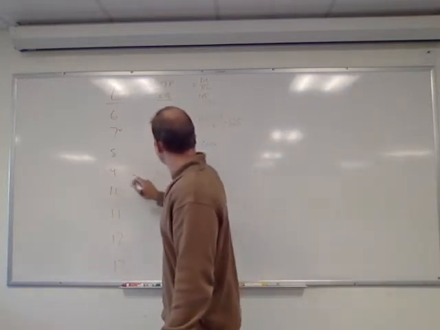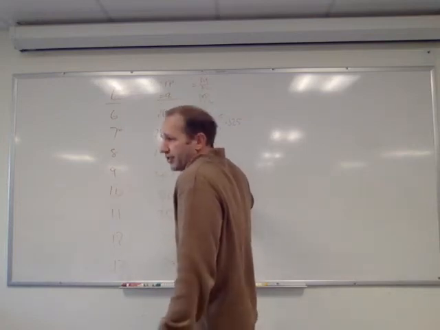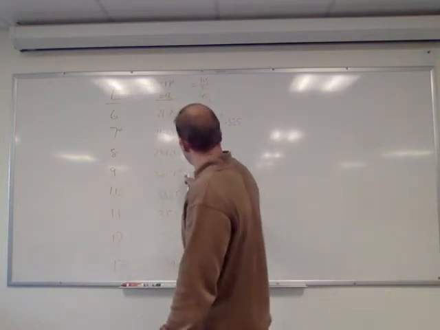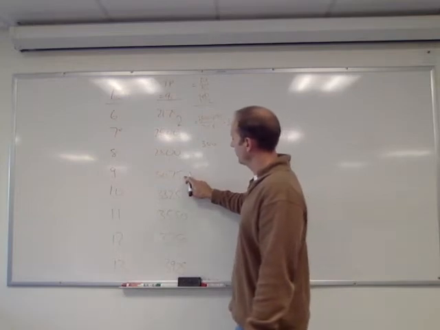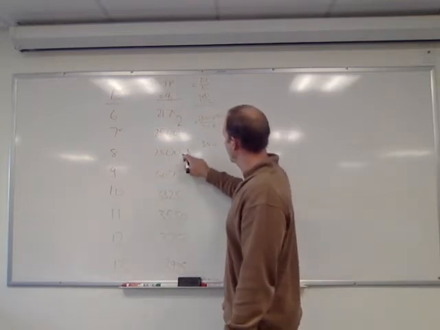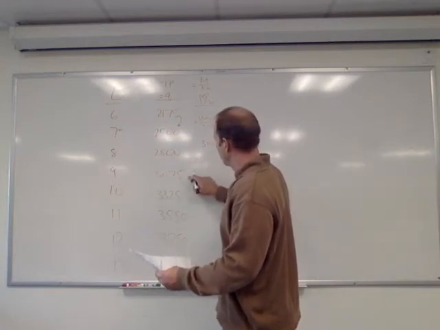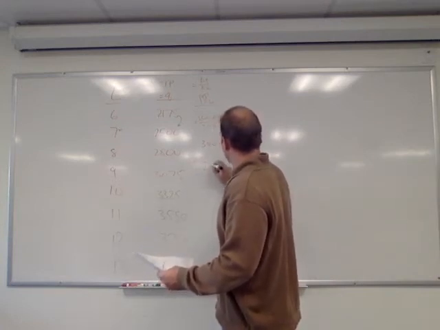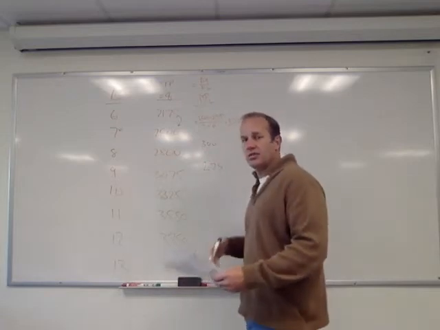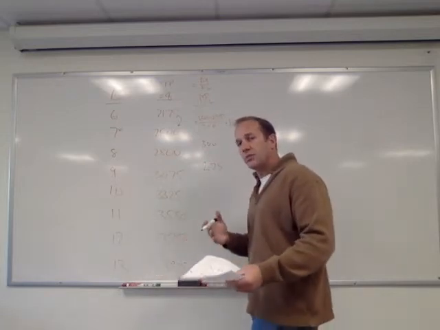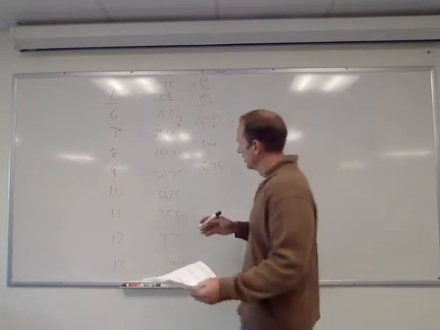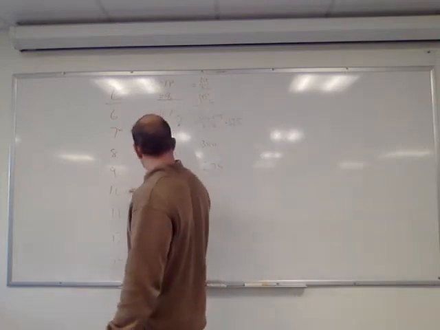Another worker comes in, and output rises. It looks like output rises by 275 units. 3,075 minus 2,800, let me double check, is 275 units. So this worker brings 275 units by coming into work. That's the marginal impact of that worker. Another worker comes in.